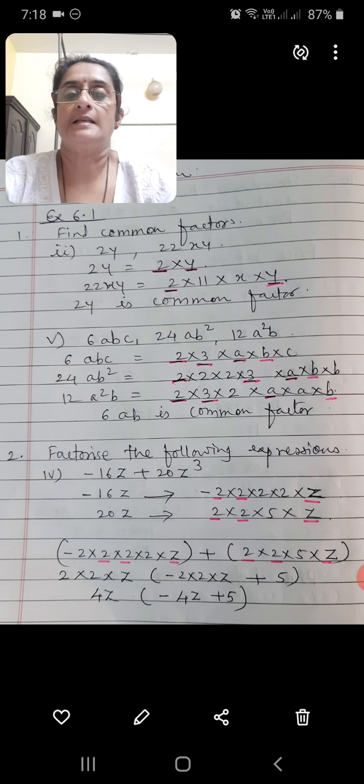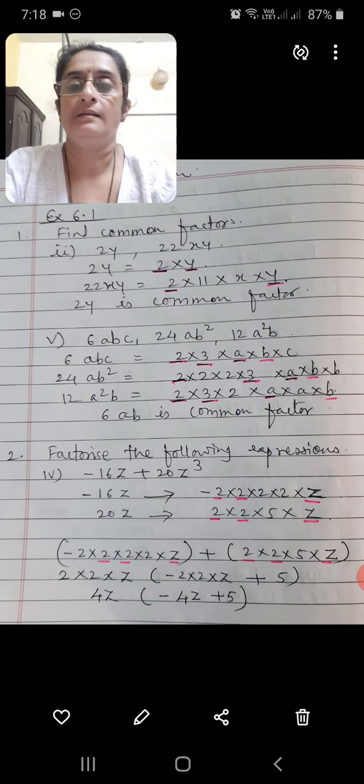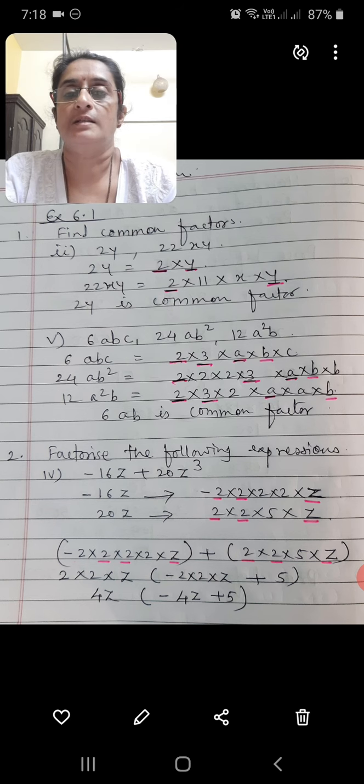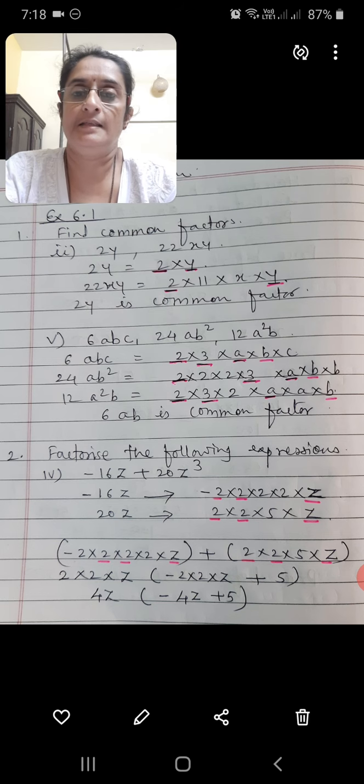Now in exercise 6.1 there are some questions given where you have to find out the common factors of two different terms. Here I have taken the second question, that is 2y and 22xy. These are two terms and you have to find out the common factors of them.